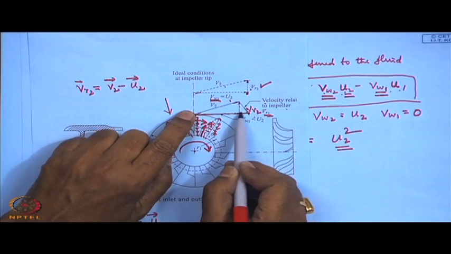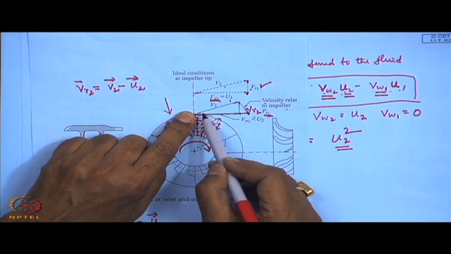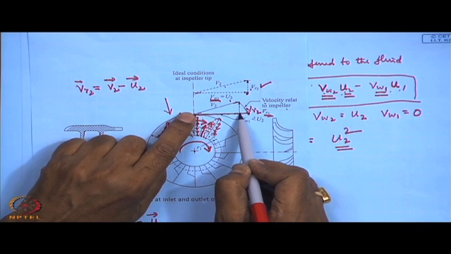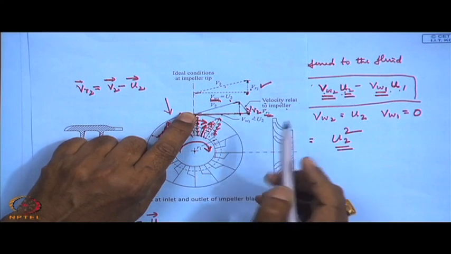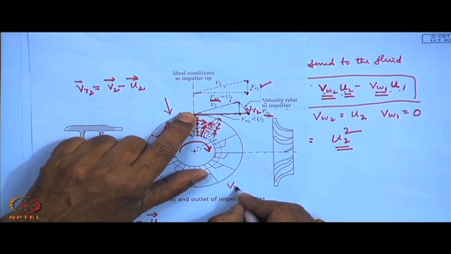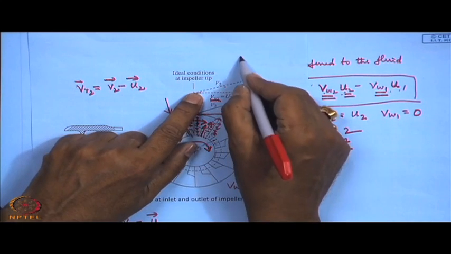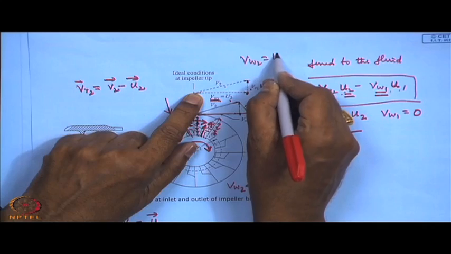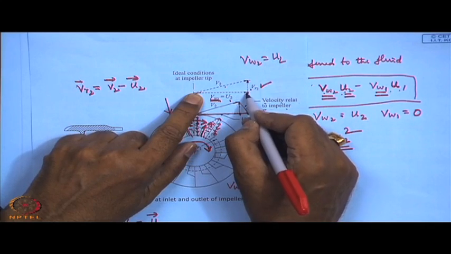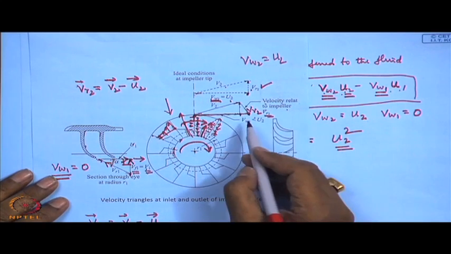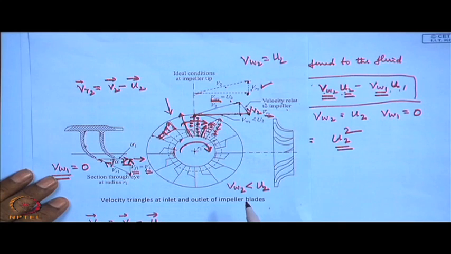So for the same U2, at the impeller outlet, V2 is reduced and this component is reduced from that of U2. So as a result, we get VW2 less than U2. In the earlier case it was VW2 equal to U2, because the relative velocity is radially outward. Here the relative velocity is like this. It is the similar thing that happened in the case of the centrifugal pump.